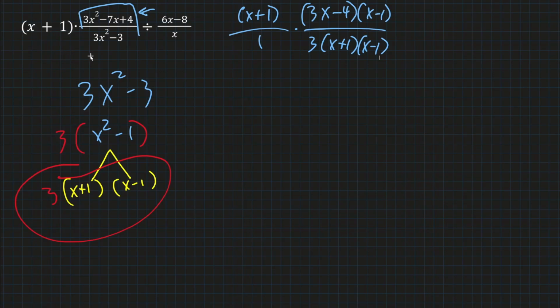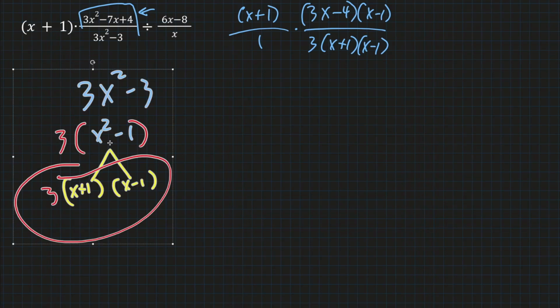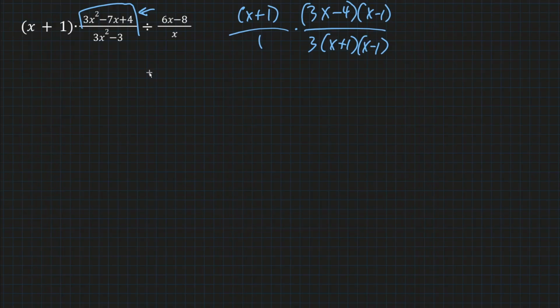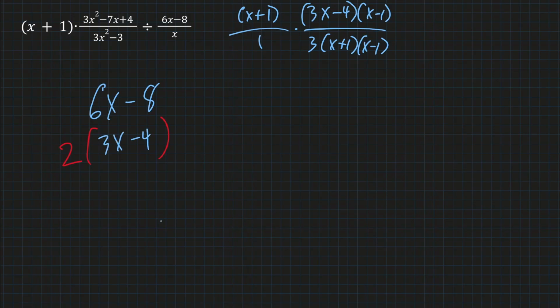Let's clear off some more space, and let's start simplifying this numerator. For this numerator, we're going to have 6x minus 8. The only thing I can see to factor out of here would be a 2, and that would leave us with 3x minus 4.